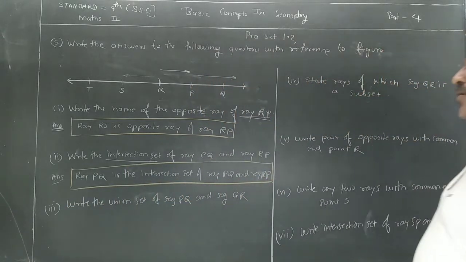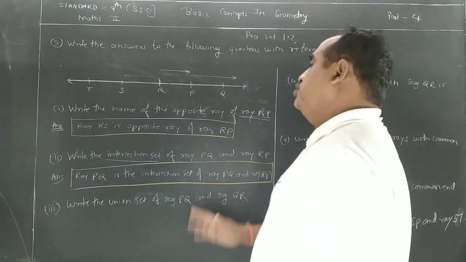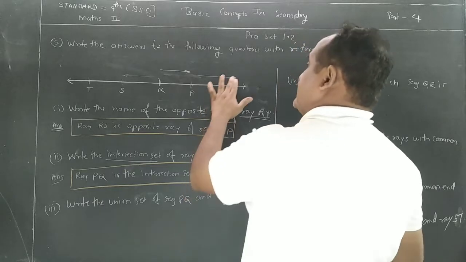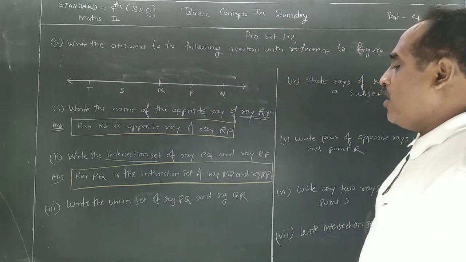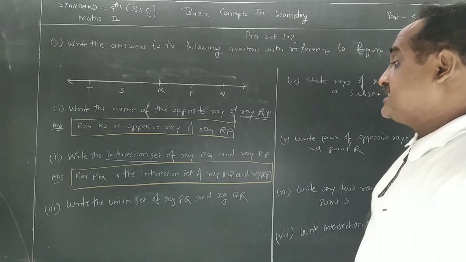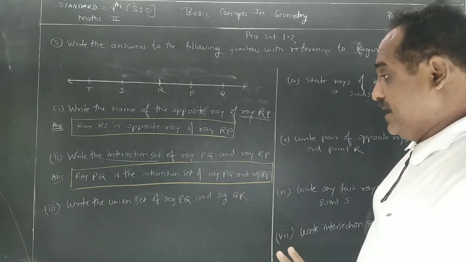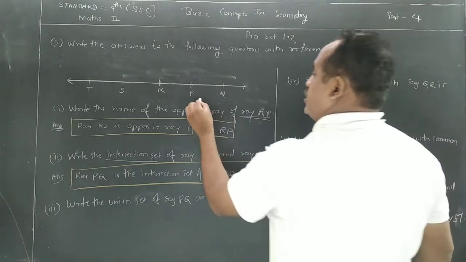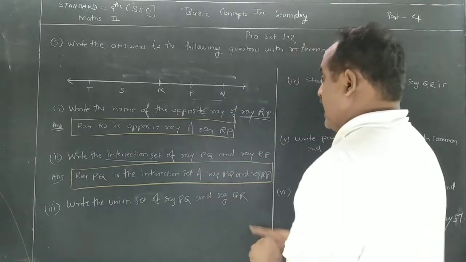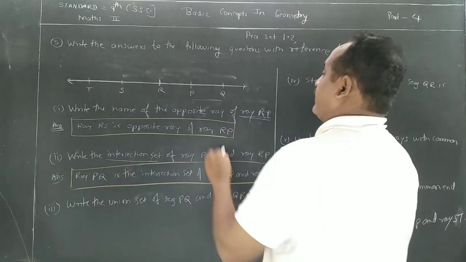You got it now? Now we are going for the next question. The union is a combination, right? Union is the combination. The union of segment PQ and segment QR.